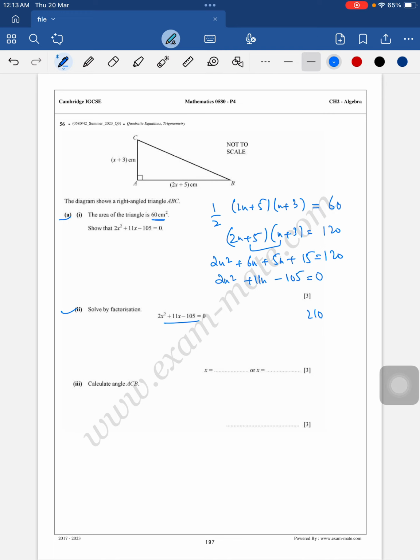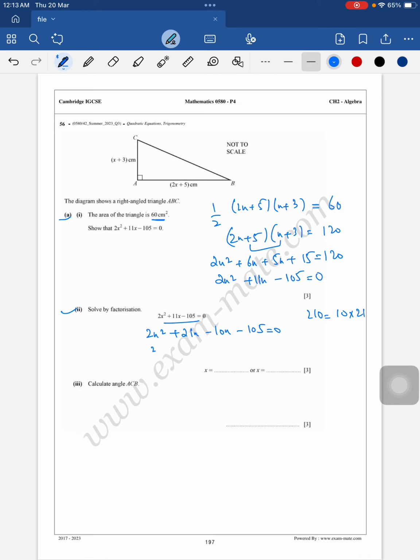So we have to think of a number. Yes, if I'm dividing by 10, so 10 into 21 is becoming a factor, and 21 minus 10 will give me 11x, right? That will work. So 21, the bigger number, with plus sign, minus 10x minus 105 is equal to 0.